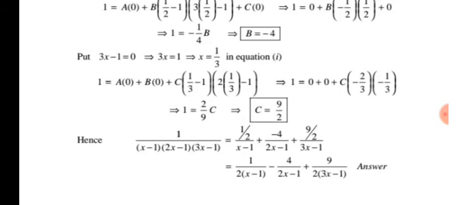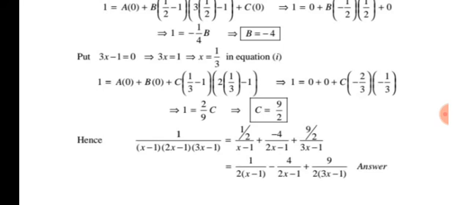X minus 1 was already there. Similarly, the value of b is minus 4, so minus will be put at the center, as plus minus is equal to minus, and 4 will be placed as a numerator, and 2x minus 1 was already there.